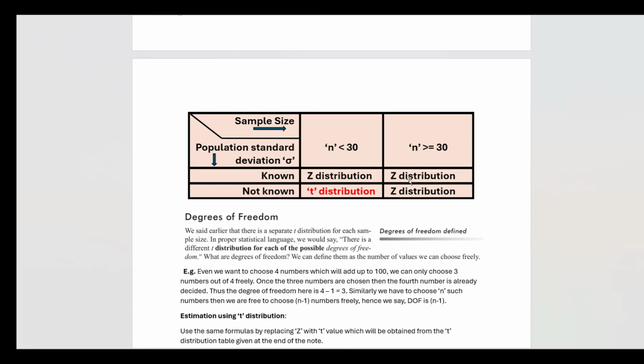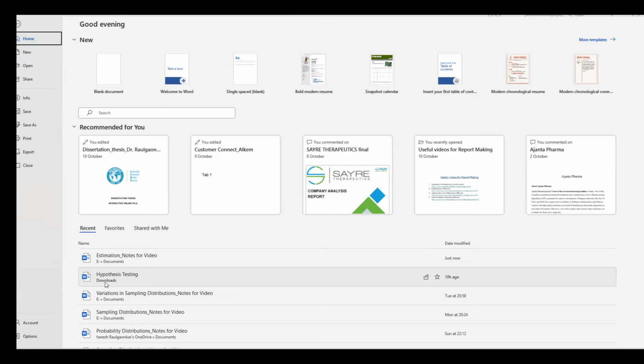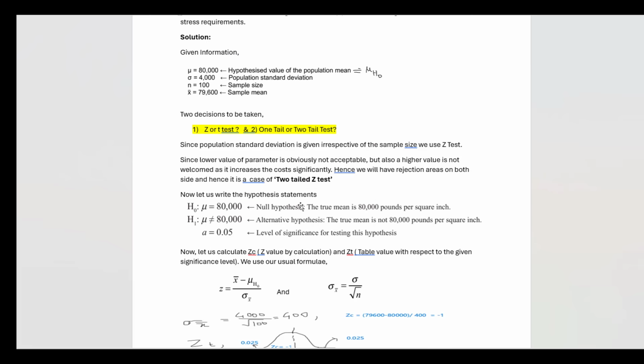If population standard deviation is not known and the sample size is less than 30, then we are going to use T distribution, right? So that is the only place where we are going to use T distribution. Okay. Right. So let us come back to our example. So here we are going to use Z distribution because population standard deviation is known.